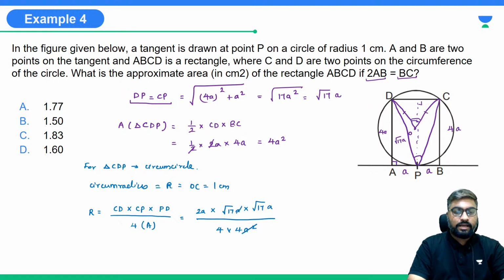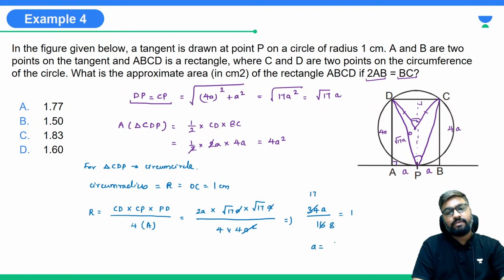So a square तो cancel हो गया. We basically have 2a into 17, that is 34a by 16 should be 1, correct? इधर से a मिल जाएगा अपने को. Yes, this is 17 times 8 times, a का वैल्यू क्या है? 8 by 17. Yes, from here we got a का वैल्यू as 8 by 17.